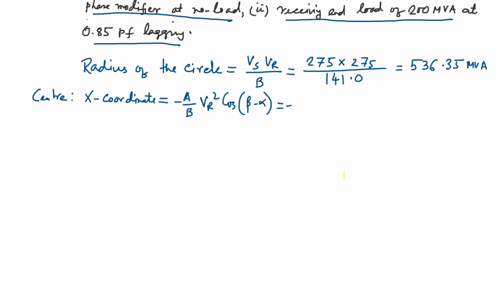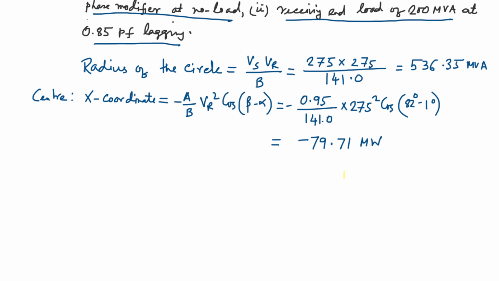A is 0.95 by B, which is 141.0, into VR square, which is 275 square, cos beta, where beta is equal to 82 degree minus alpha equal to 1 degree. This comes to be minus 79.71 megawatt. Be very careful while selecting the units because the x coordinate is the real coordinate.